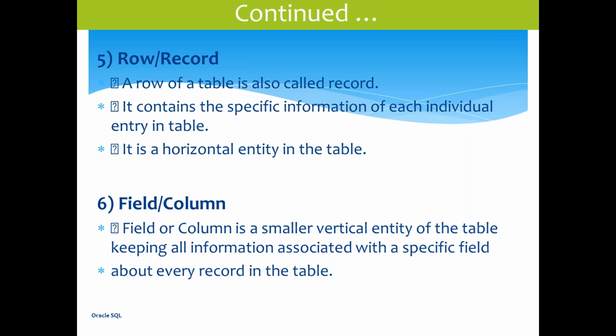In the third column, phone number. Different students have different phone numbers, not all the same, so correspondingly the phone number will be mentioned. Like that, in other columns also. So column wise we are getting some information: the roll number column has all roll numbers, the address column has all addresses of the students, the phone number column has all phone numbers. If we are getting this type of information, then it is a field or column.